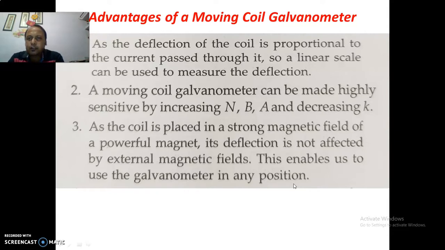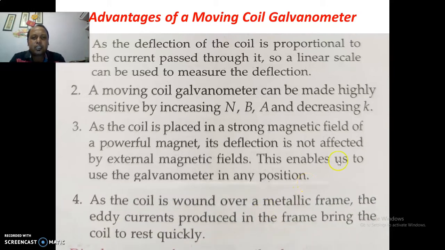Because of that, there is a strong magnetic field within which the rectangular coil rotates. So it is not affected by any external magnetic field, because the magnetic field in which it is rotating is quite high. So we can place it anywhere without considering what kind of magnetic field is there.